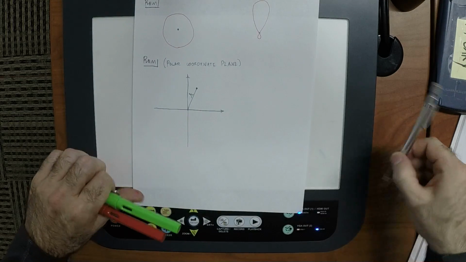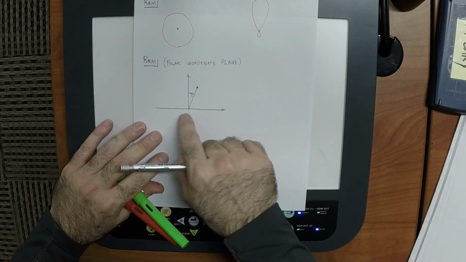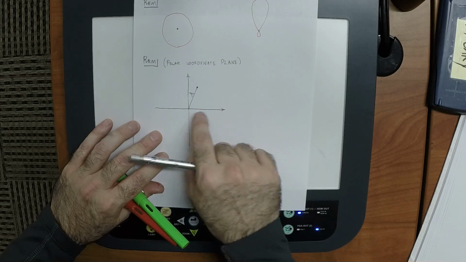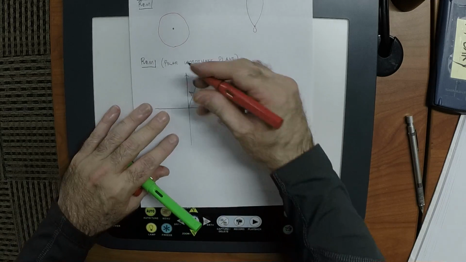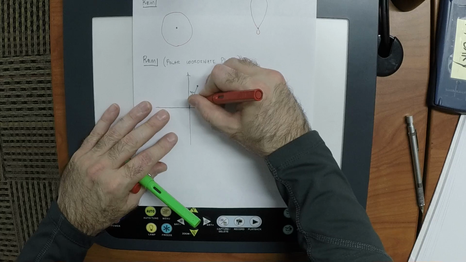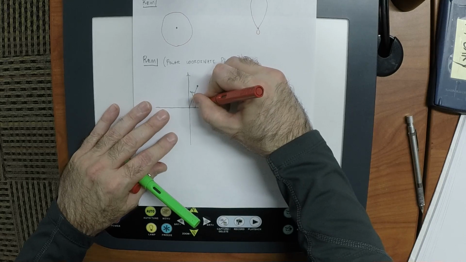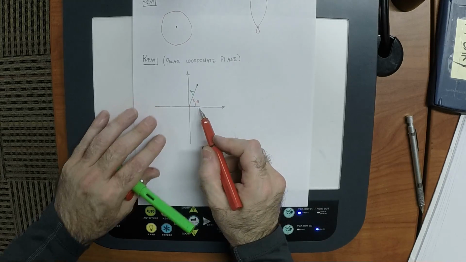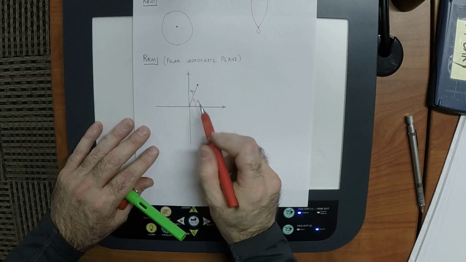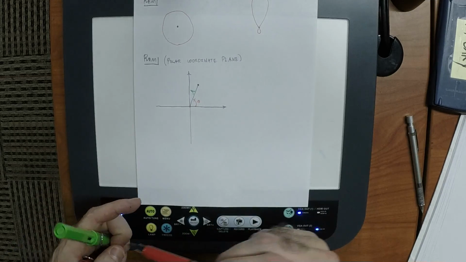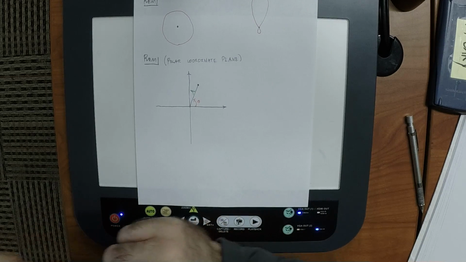And we're going to measure the angle from that positive horizontal axis, and that's going to be theta. The increasing angular direction is counterclockwise.